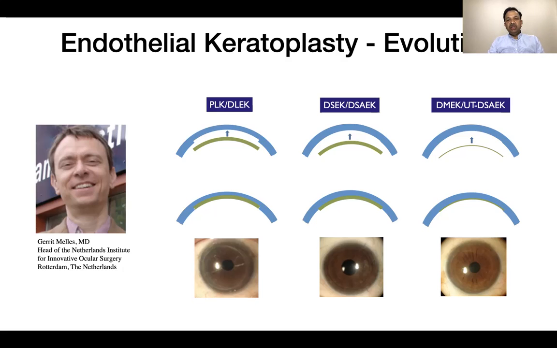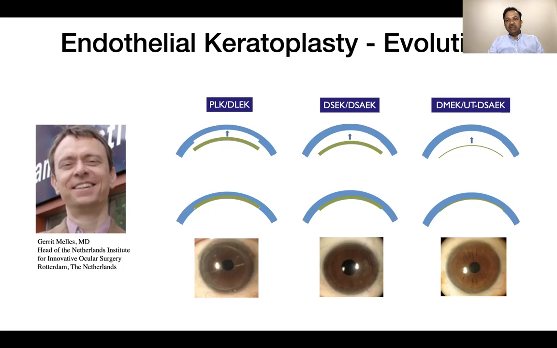With the introduction of DSEK or DSAEK, which did not require any surgical dissection in the host eye besides removing the Descemet membrane, the insertion of the donor lenticule and its positioning was far simpler, and this procedure became popular worldwide and started replacing the traditional penetrating keratoplasty.